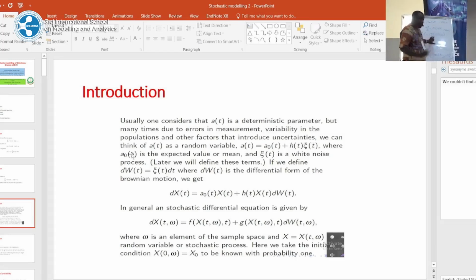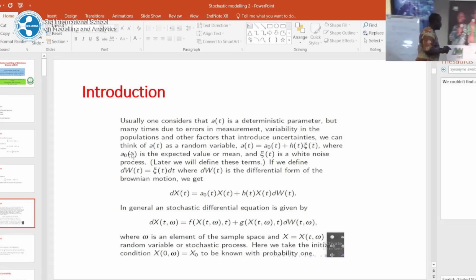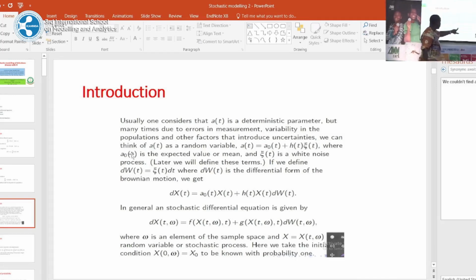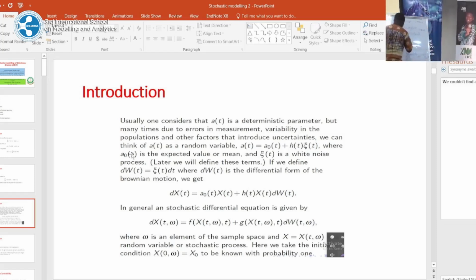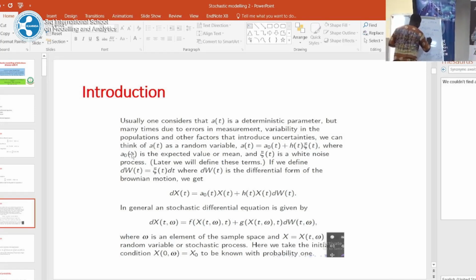That's the first thing we write about it. And then once we induce stochasticity into a of t, this is going to become a naught of t, x of t dt, plus h of t, x of t dw of t.